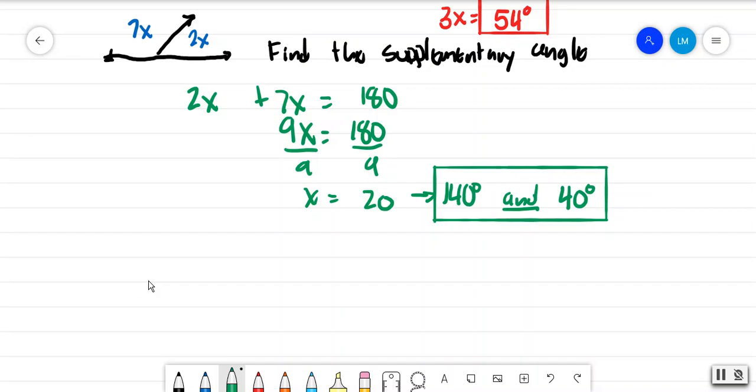Now, the other thing we can talk about here is a little bit about working with degrees, minutes, and seconds. In this course, we do some applications where our measurements are in degrees, minutes, and seconds.